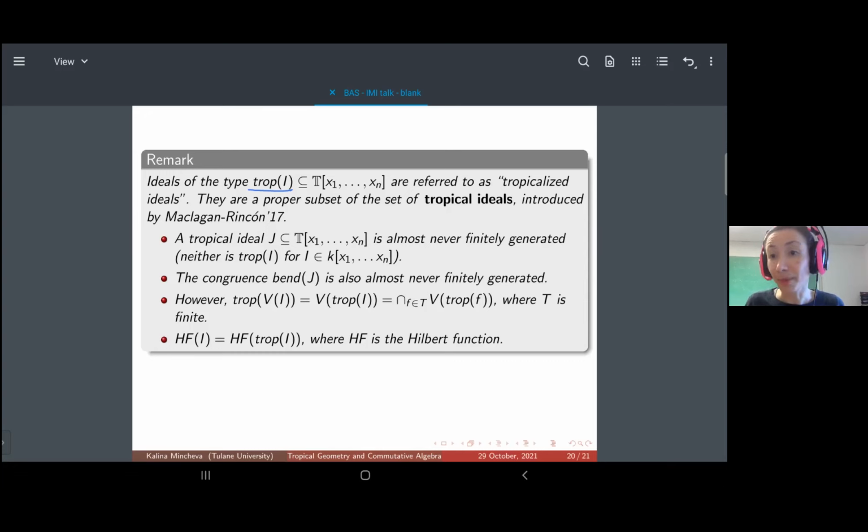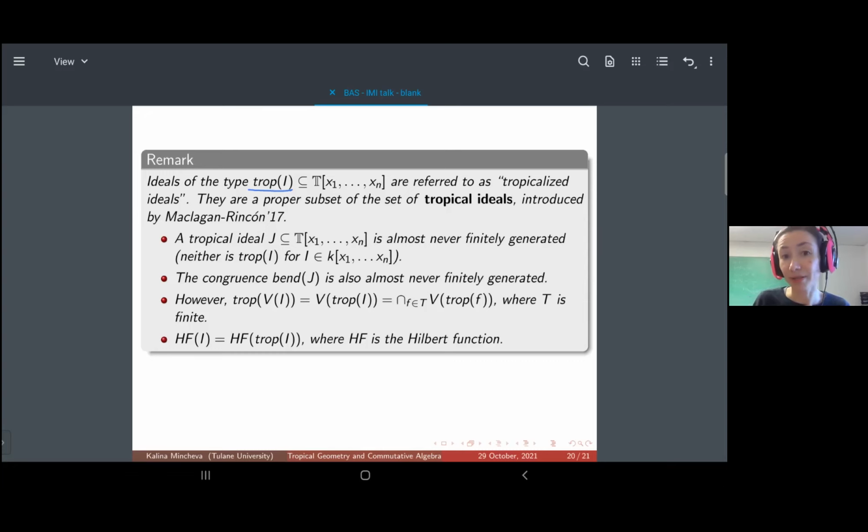The congruence bend of a tropical ideal is also almost never finitely generated. However, the variety of such a thing is cut out by a finite set, which is called a tropical basis, which is nice.